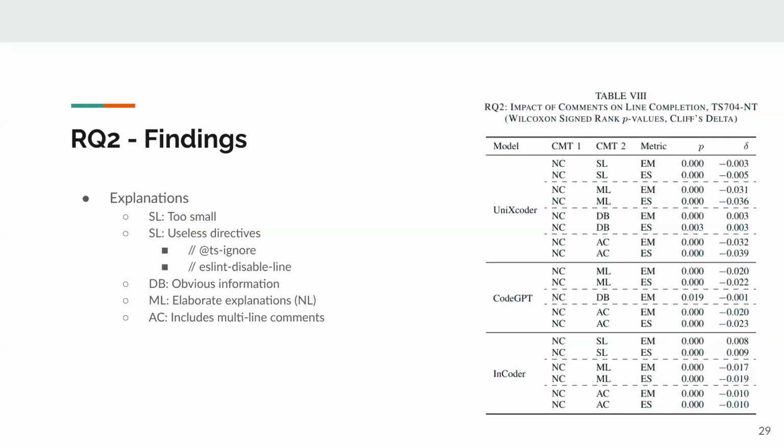Or perhaps if all comments is slightly better than multi-line comments, it could be explained by there being some value when you have information from a single line comment and a multi-line comment, for instance, that there's still a small bit of value added when you combine information. But overall, since these differences are so small, it's really the multi-line comments that are the reason behind the performance we see when using all comments.